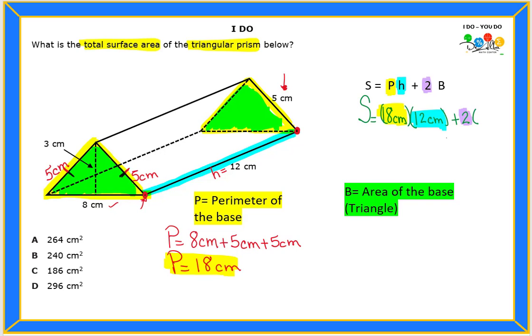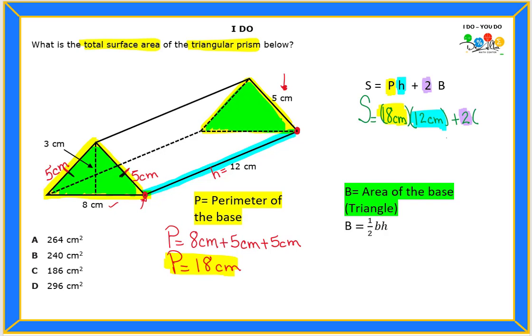Notice how 12 centimeters is nowhere on my shaded triangles. You can still see a little bit of the yellow one because remember, yellow is the perimeter, okay? So there is a formula that I can actually use for finding the area of my triangle. And the formula is capital B equals half of the base times the height.